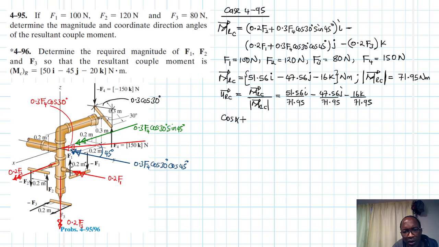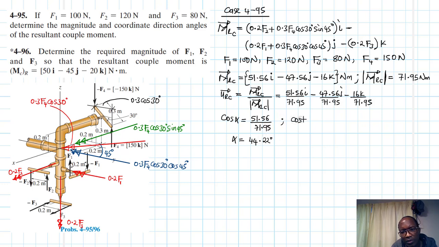Therefore, cos alpha, being the angle between the positive x-axis and the moment vector, is equal to 51.56 divided by 71.95. Therefore, alpha is the cos inverse of that, which gives us 44.22 degrees.